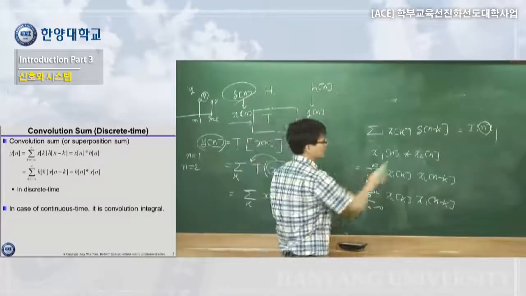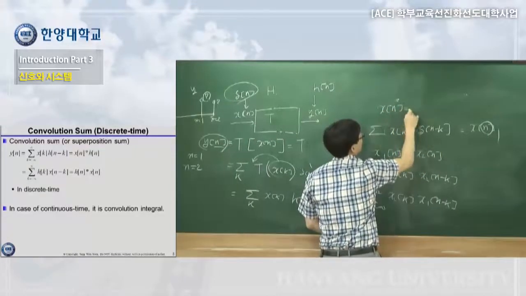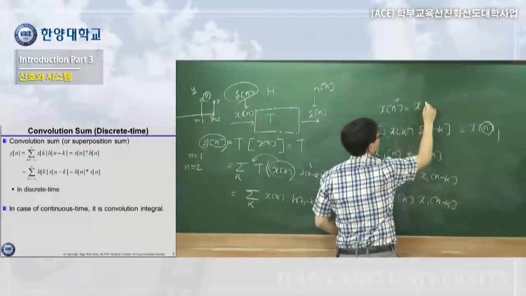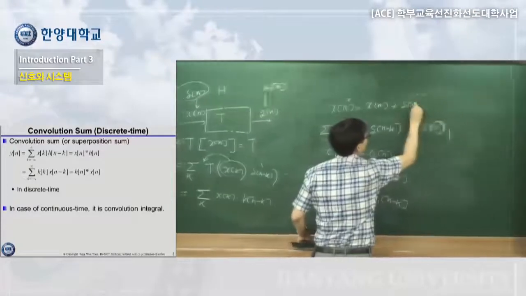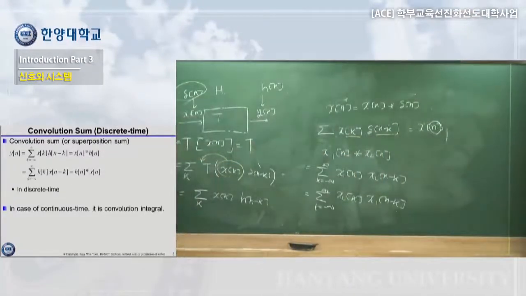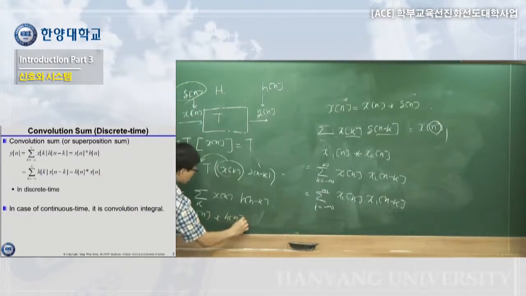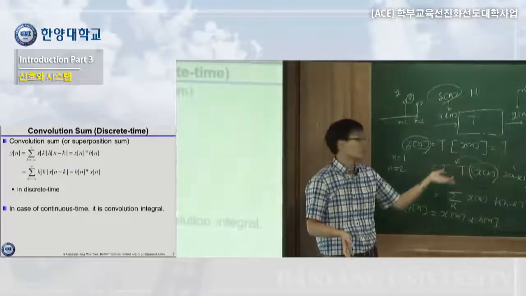And here we can rephrase them as x[n] equals x[n] convolved with delta[n]. In here, we can rephrase them as y[n] equals x[n] convolved with h[n]. That's the simpler way we can define convolution.